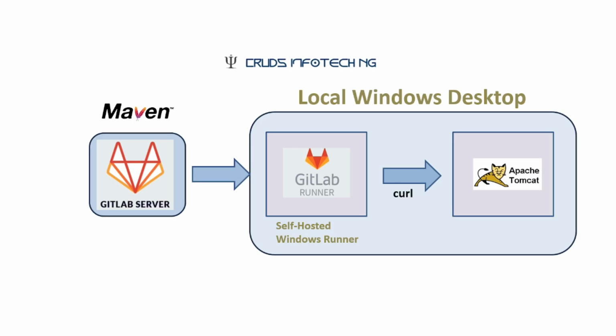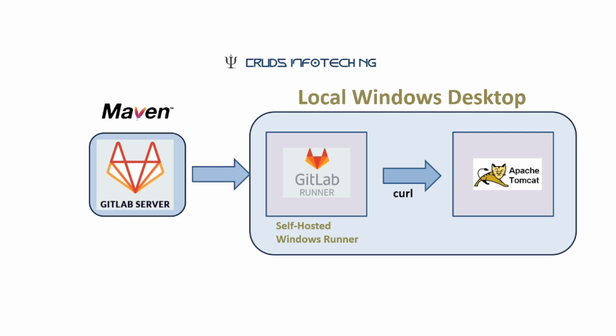What I plan to demonstrate in this quick tutorial is first how to set up a local runner, a runner that can be connected from a local Windows machine onto a project which is on the GitLab server.